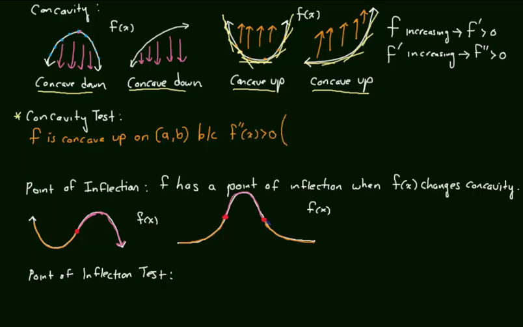In other words, f prime of x is increasing. We typically don't need both of these, but for the notes, it's important that we see the connection. So f is concave up on open a b because f double prime of x is greater than 0 on this interval.